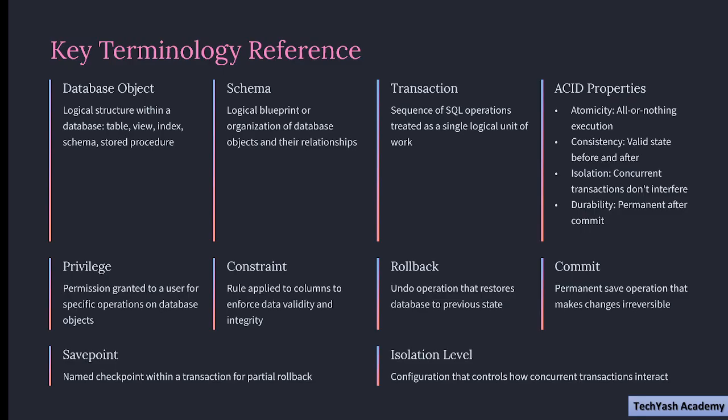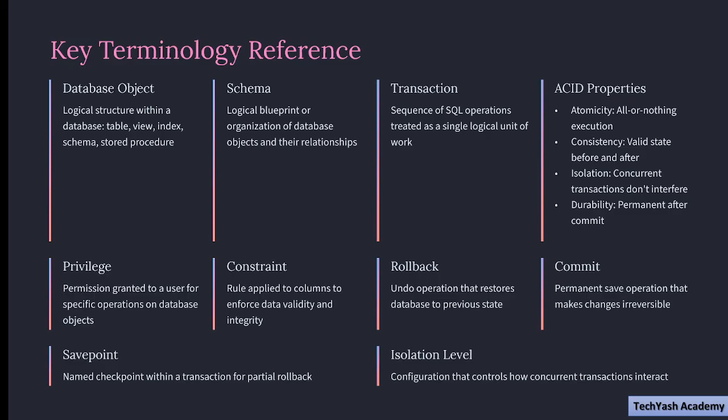Transactions are a sequence of SQL operations treated as a single logical unit of work, and the ACID properties are atomicity, consistency, isolation, and durability. Privileges are the permissions granted to users for specific operations on database objects. Constraints are rules applied to columns to ensure data validity and integrity.